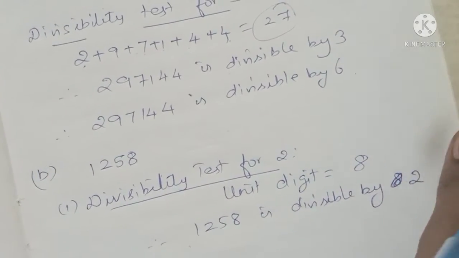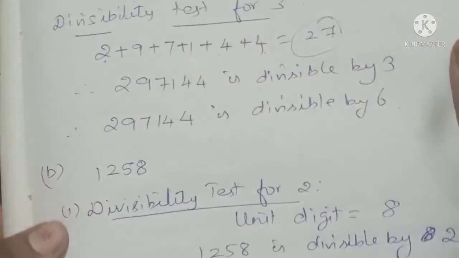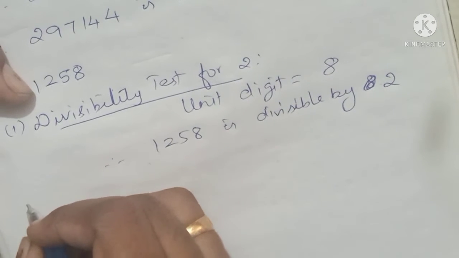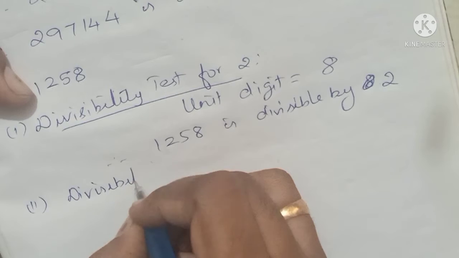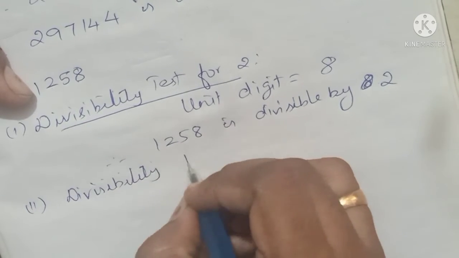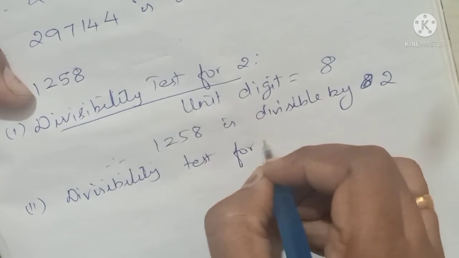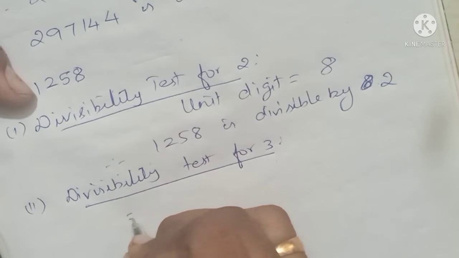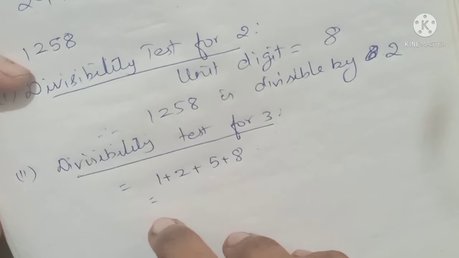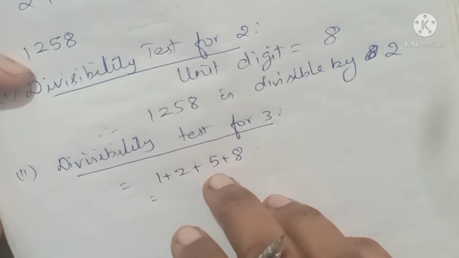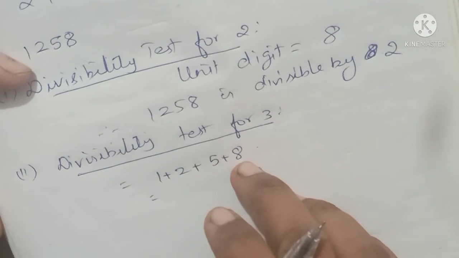The next we are going to see is the divisibility test for 3. For that we have to add 1 plus 2 plus 5 plus 8. So 1 plus 2 is 3, 3 plus 5 is 8, 8 plus 8 is 16.